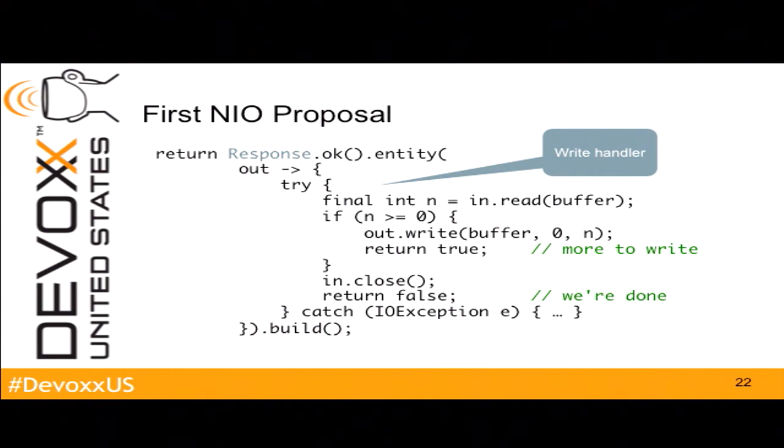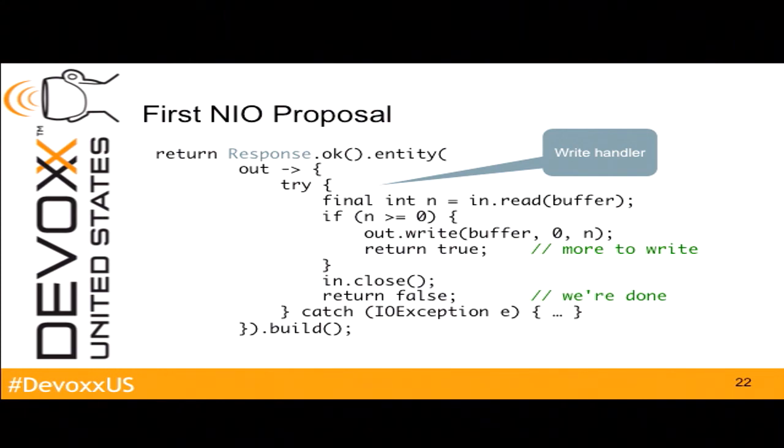Every time you get called, you have a chance to write some data to the output stream, and you also have the chance to indicate whether there's more data that you need to write or not. This was the initial thought about how we can do NIO in the context of JAX-RS, but there are a number of shortcomings with this proposal, and this is why we're moving away from it.